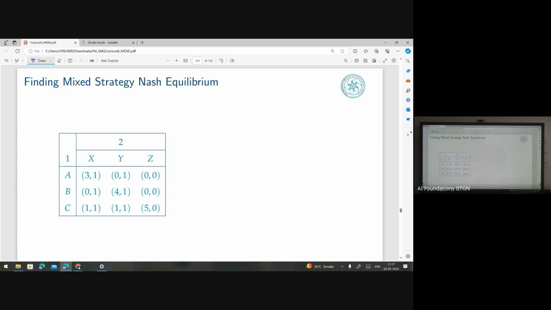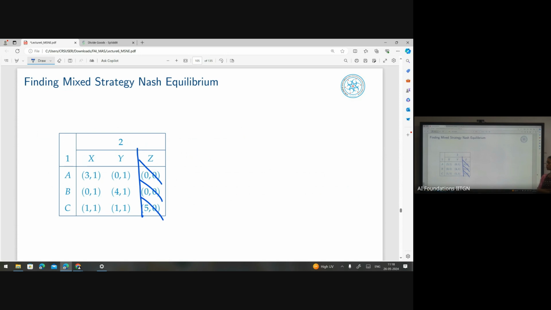One of these strategies that is dominated is Z, because it's 1, 1 for both X and Y and zeros here, so it will never play this. Now focus on this. Is there any mixed strategy that you can use so that one of these strategies is dominated?